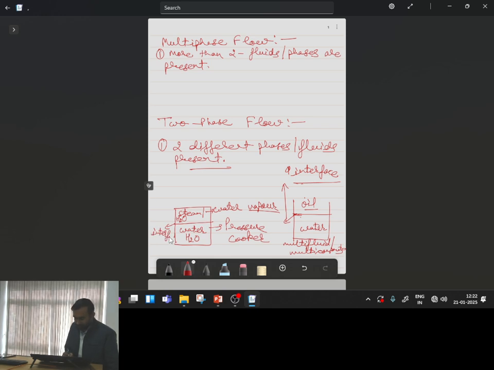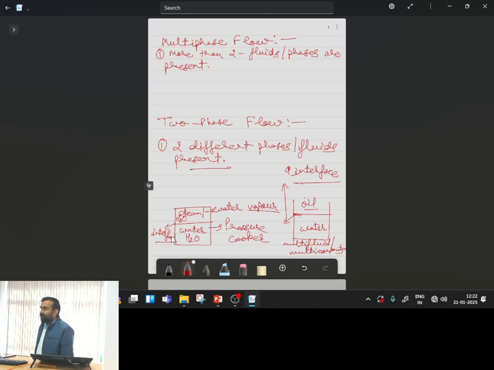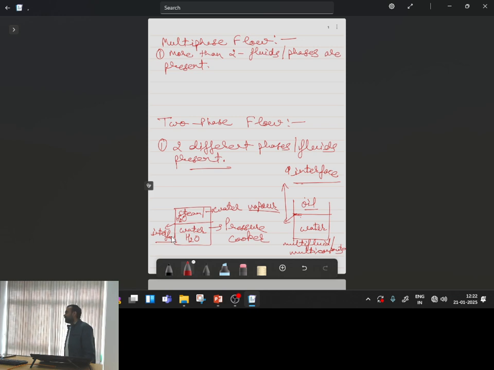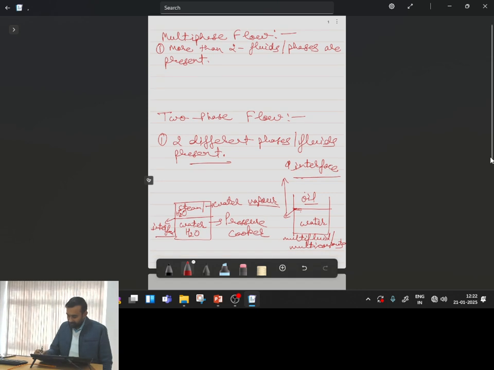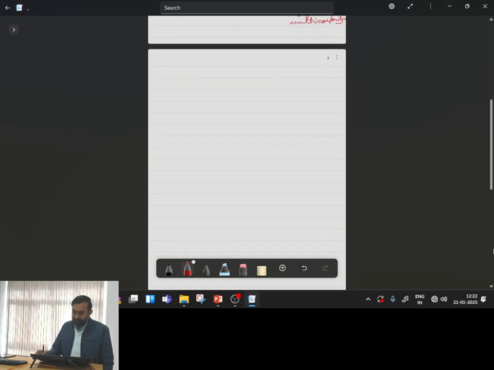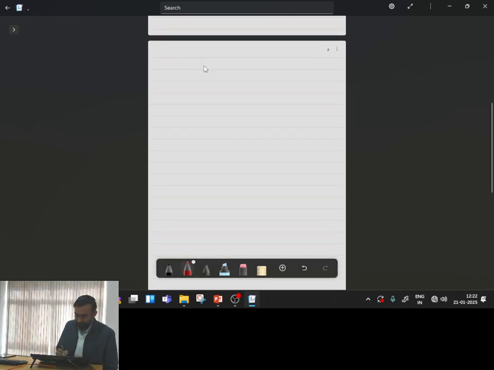So the boundary between two phases or between two fluids in a multi-component system is known as the interface. Suppose my interface is stationary and not changing with space and time.